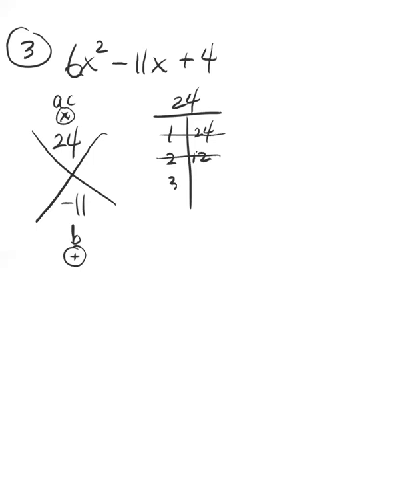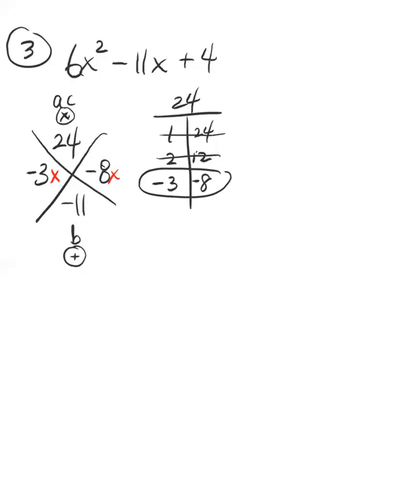The next number would be 3 times 8. 3 times 8 can add up and get me 11, but both of these guys would have to be negative for them to add up to become negative 11. And negative 3 times negative 8 does get me positive 24. So the 3x goes here, and the 8 will go there. Remember, we don't always have to write it, but there are x's here.